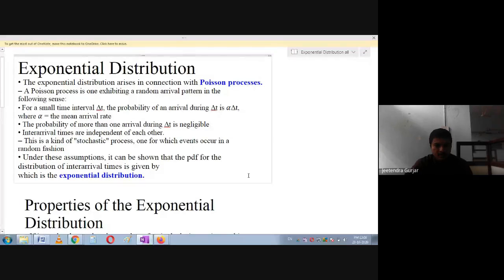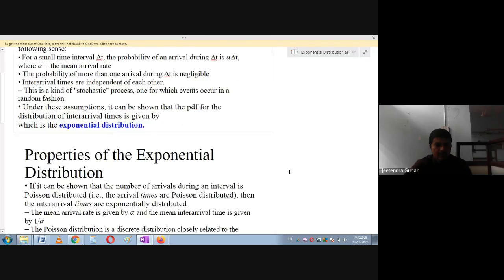Under this assumption, it can be shown that the probability distribution function, that is the PDF, for the distribution of inter-arrival time is exponentially distributed. The curve will be reversed.